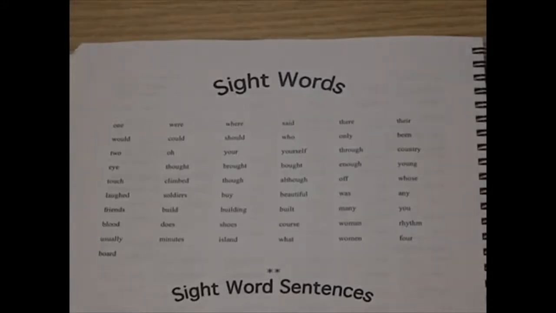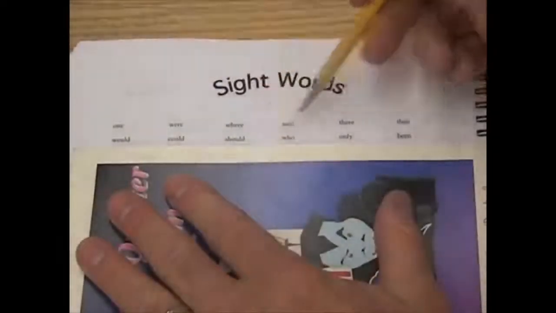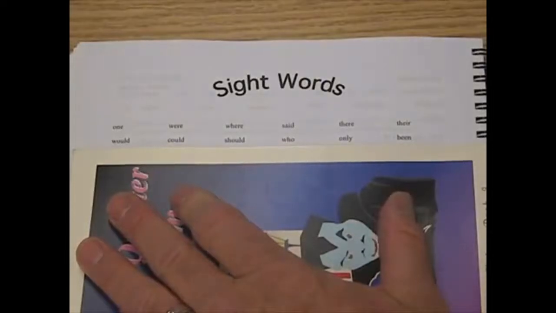Now, if a student has trouble with this, I will use this for my timed readings, and I go 2 rows at a time. So I will start by having the child just do these top 2 rows, and I'll time them for a minute how many times they can read that. Then we graph it.